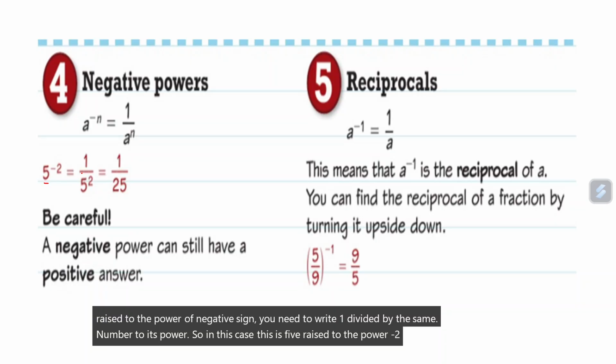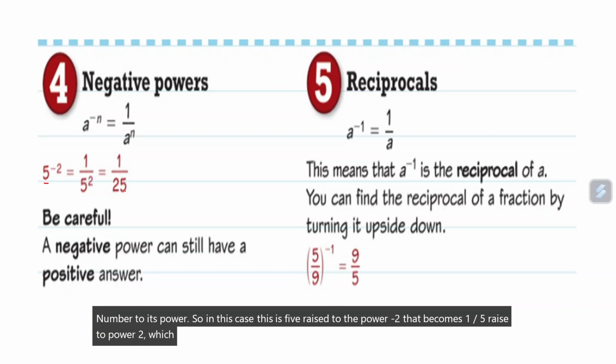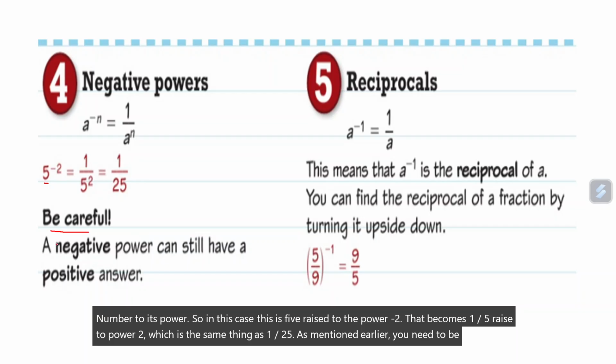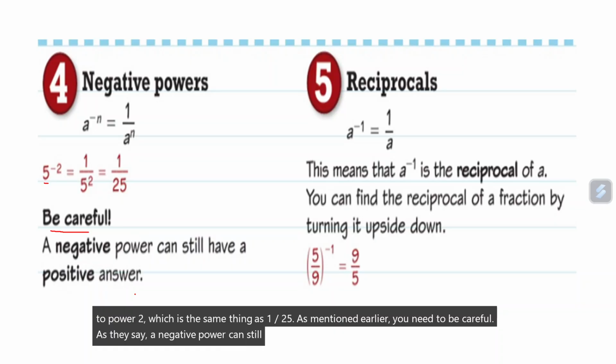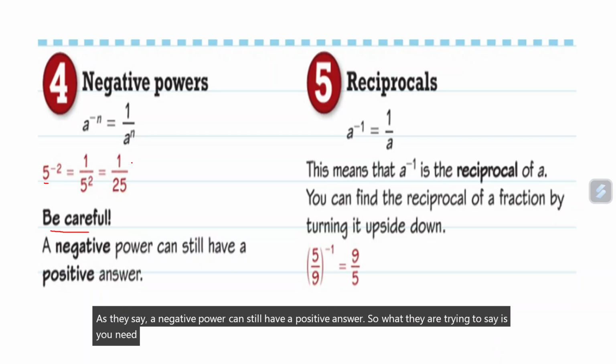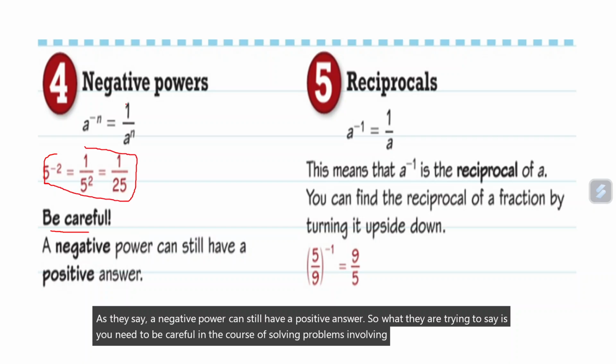That becomes 1 divided by 5 raised to the power of 2, which is the same thing as 1 over 25. As mentioned earlier, you need to be careful, as they say, a negative power can still have a positive answer. You need to be careful in the course of solving problems involving negative powers. So this is the fourth rule.